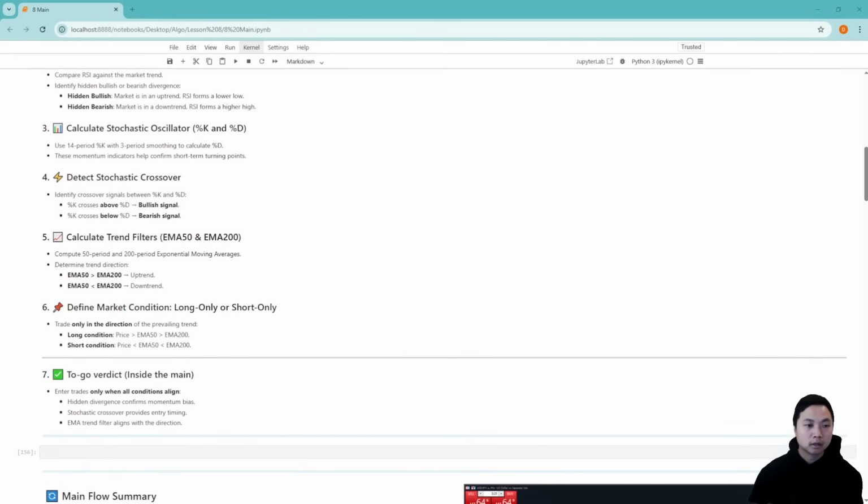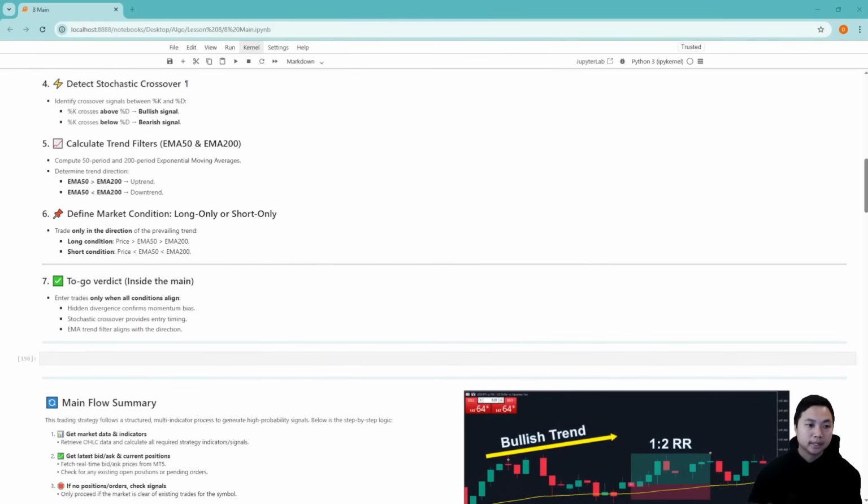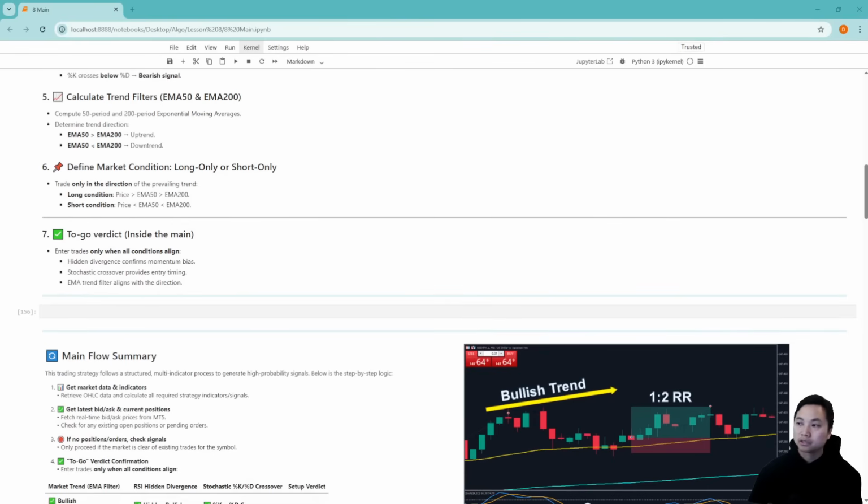And then we also calculate the stochastic oscillators, the %K and %D, that help us to track the short-term momentum. And then we use those crossovers to help us pinpoint the entry signals. And then finally, we calculate the trend filters to define the overall trends. That will help us to define the market conditions, and then we only trade with the trends.